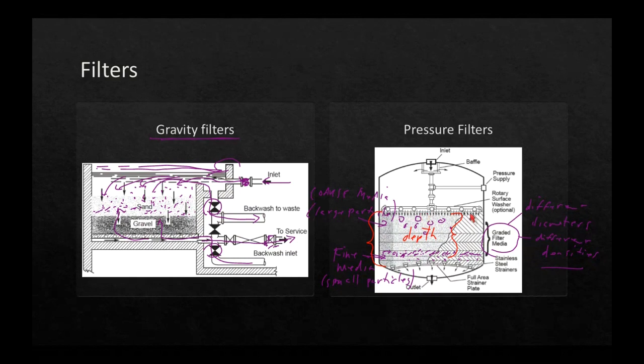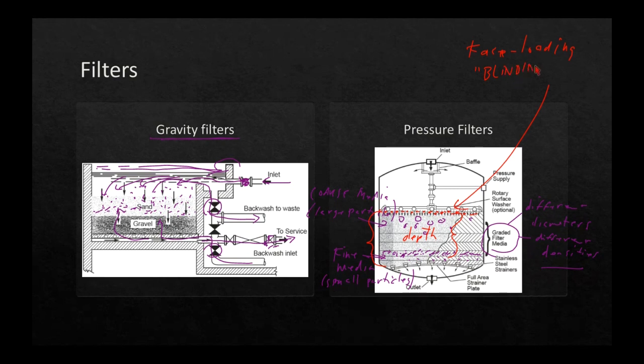Face loading would be, let's say I have fine materials all the way through, and so the dirt particles just go right onto the face, and eventually we end up blinding the filter. So that's face loading, which leads to blinding.